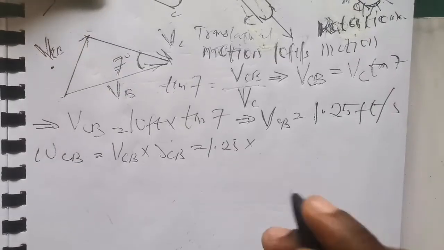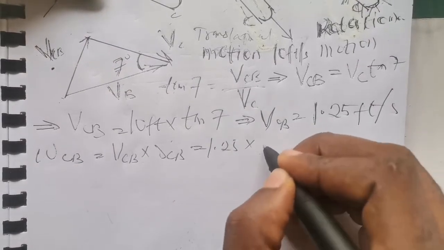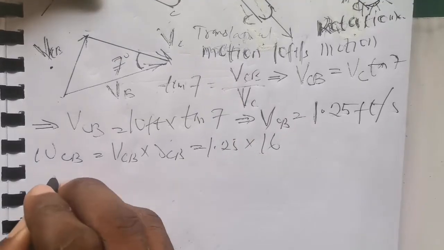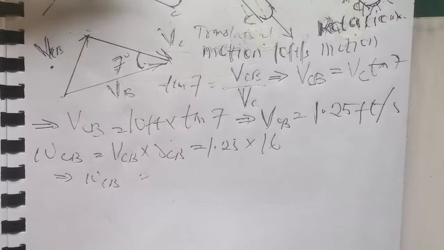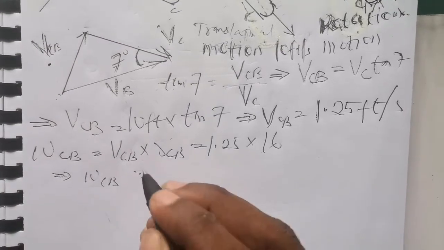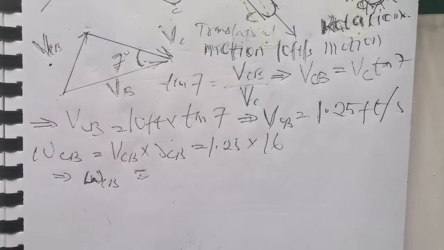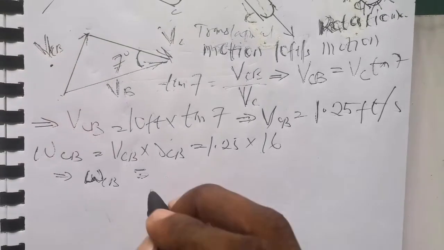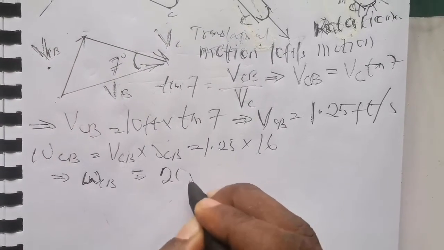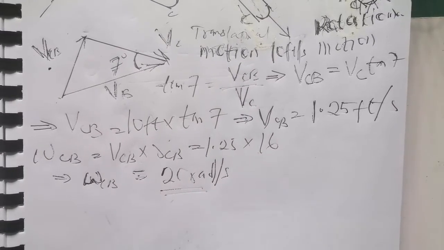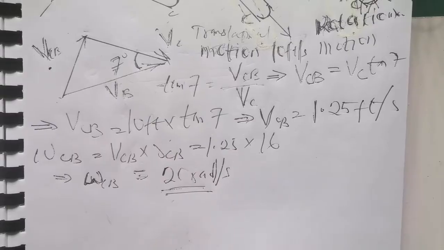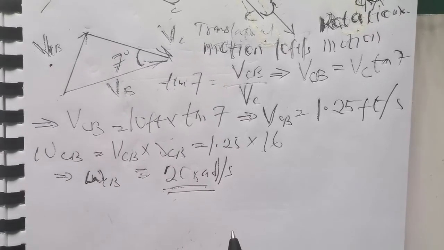So we simply divide by 16, and the angular speed along CB is 1.25 over 16, which gives us 20 radians per second. So this is the angular speed along portion BC, 20 radians per second.